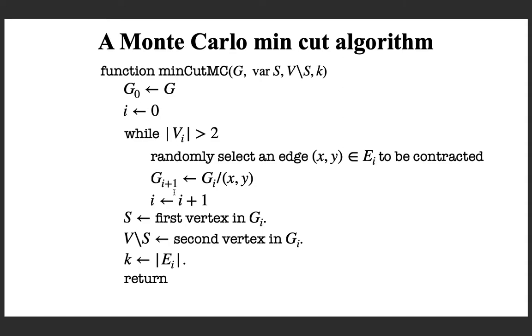And you are going to repeatedly apply edge contraction until you get a graph where the number of vertices, maybe multi vertices, is only 2. While it is greater than 2, you are doing it. What do you do? This is the randomness. Randomly select an edge xy in the original graph. I can say it is E0.